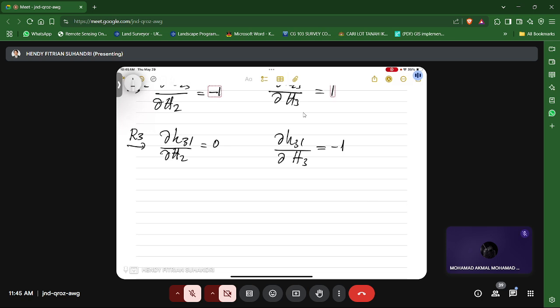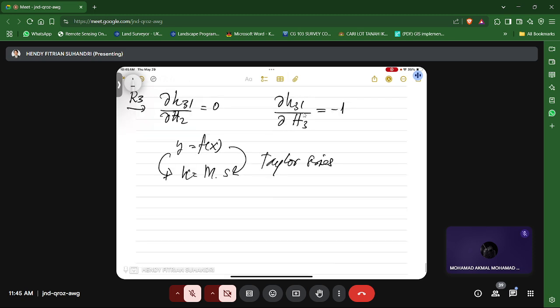Sekarang, kita boleh membentuk Y sama dengan Fx menjadi persamaan linear kerana kita dah linearize. Itu yang saya minta you baca, Taylor series expansion. Apa bentukan dia?